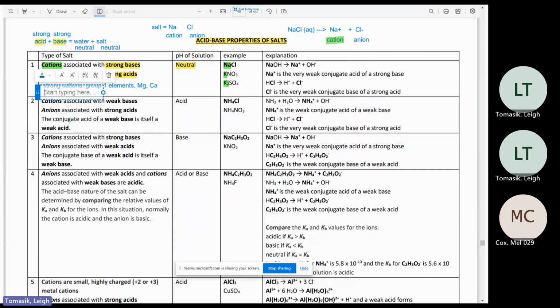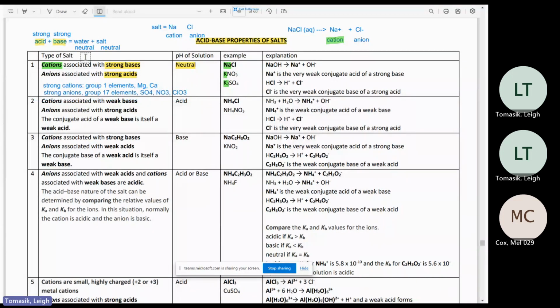Okay, the anions are from strong acid. So strong anions are group 17 elements, and SO4 and NO3 and what am I missing? ClO3.